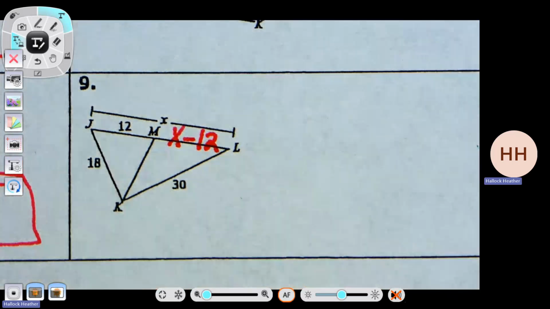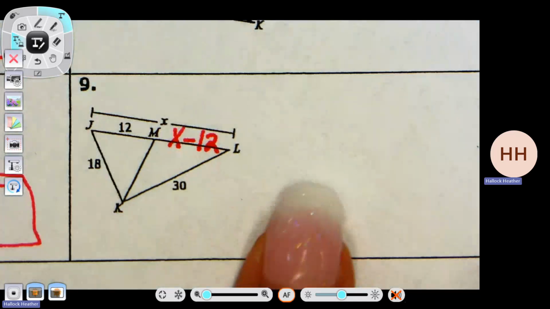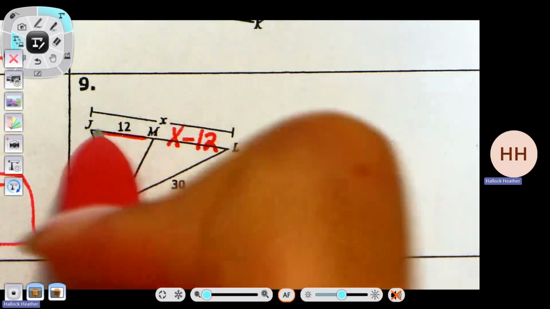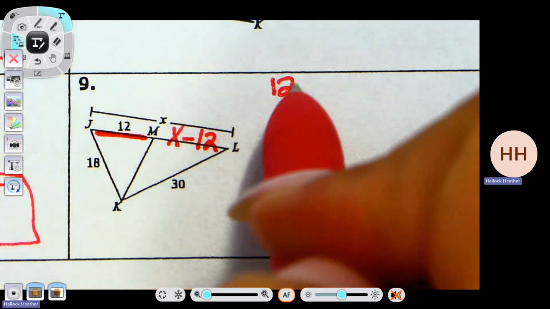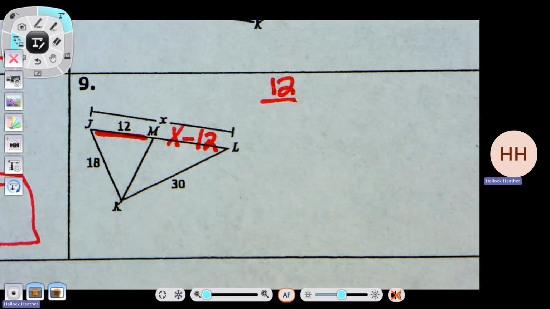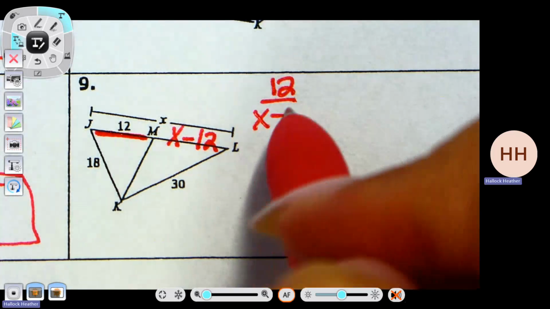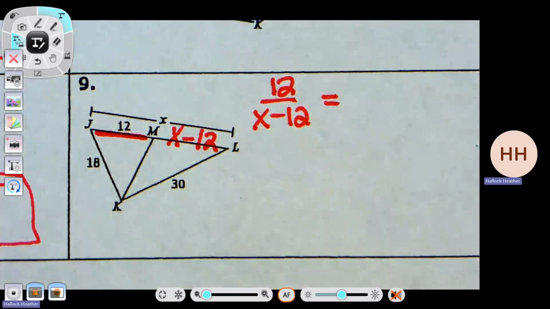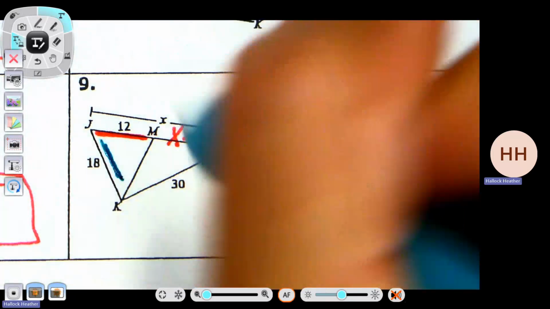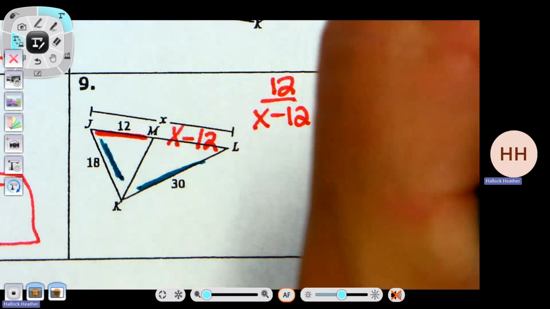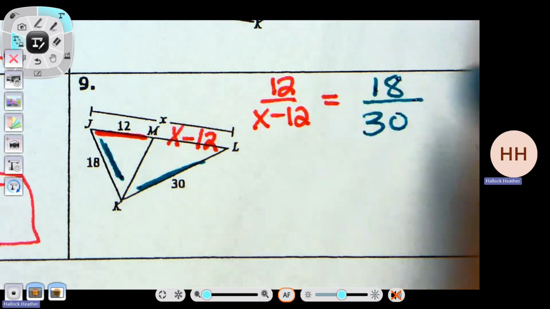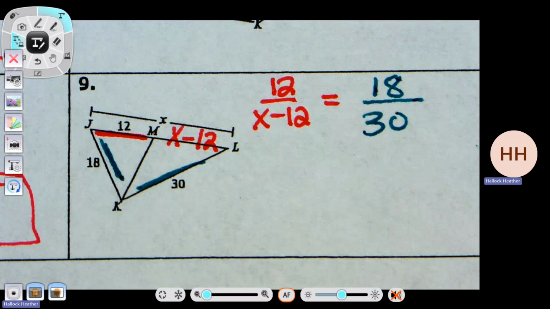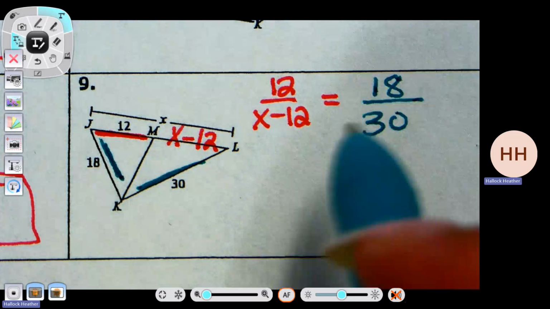So sometimes it could be 12 minus X. Sometimes it could be X minus 12. It's big piece minus small piece. So we're going to do the same thing. If I say 12 is on top, what's under my 12? X minus 12 equals, what else is on my small? 18 over 30. So you'll have to distribute once in this case. You'll have to distribute the 18 to the X and to the 12.